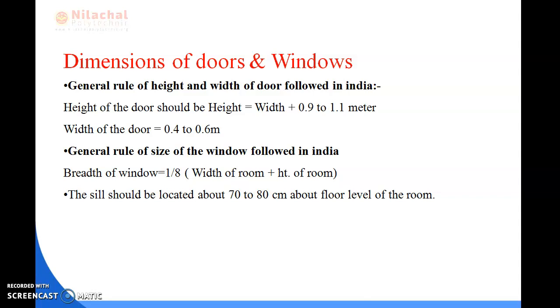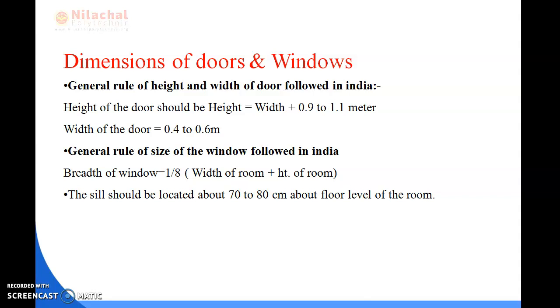So while constructing the door, the width should be 0.4 to 0.6 meter, and to calculate the height we take the width of the door plus 0.9 to 1.1 meter. So we will get the height and width of a door.